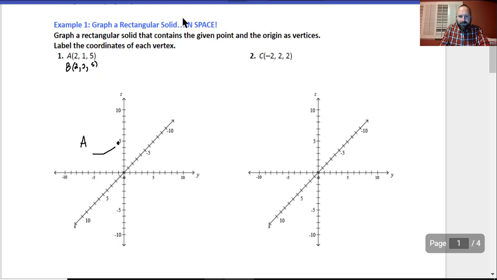And that's going to be right about there. There's B. Next one I have is 0, 0, 5. We'll call this C. And so that's going to be right here. So this guy is going to go through to here.